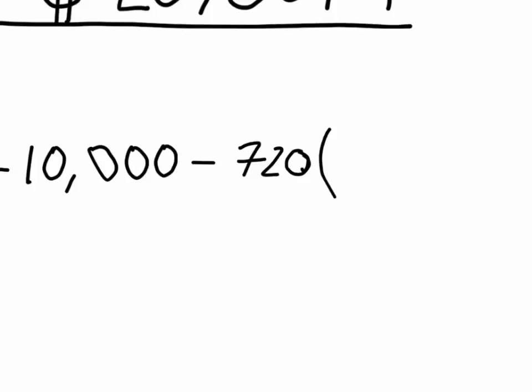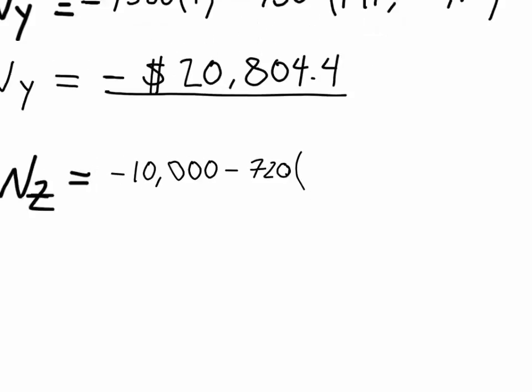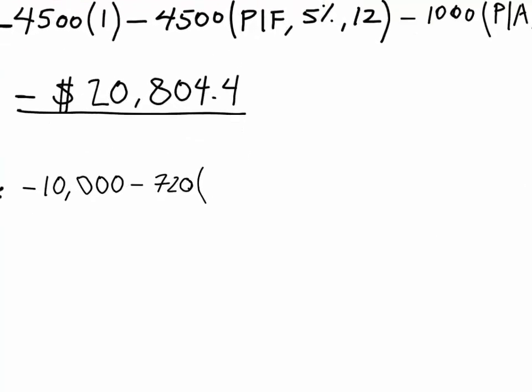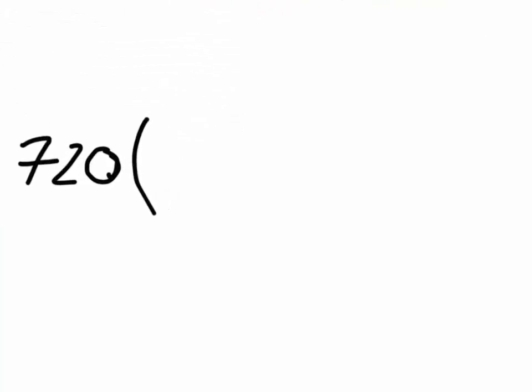Multiplied by, this is a uniform series for 24 years for the same 5% interest. So that one will be P given A, 5%, and then 24 years.